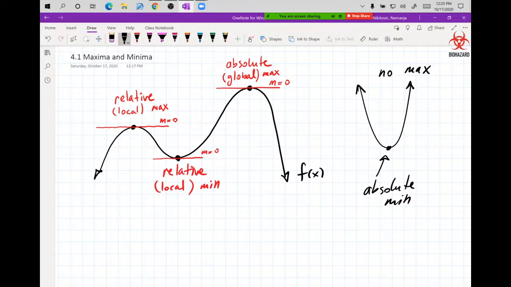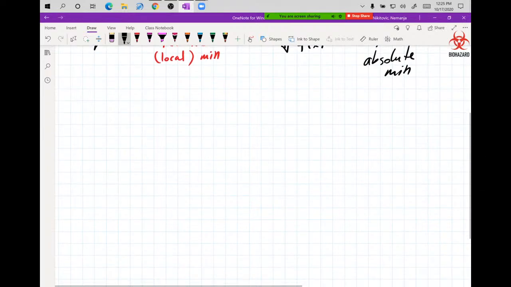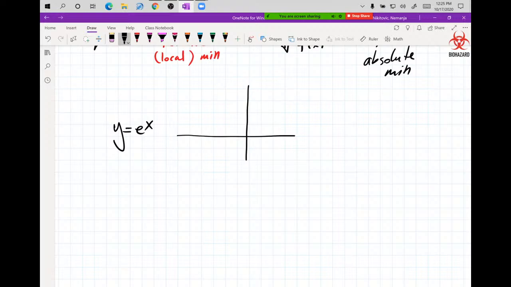Tangent function has nothing. E function has nothing. So if you take a look at good old y equal e to the x, and you look at the graph, you would have this asymptote, and it goes like this: no min, no max, we would say no extrema.